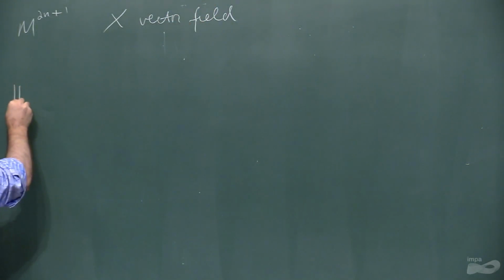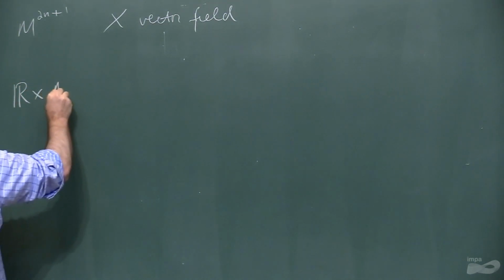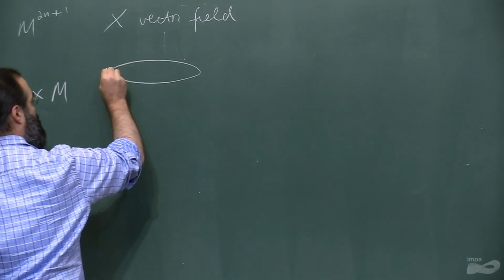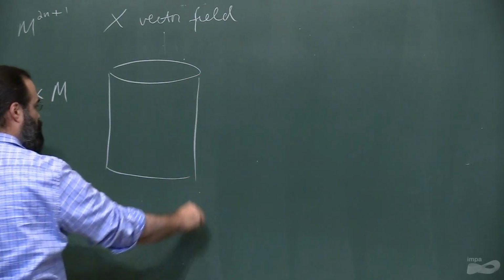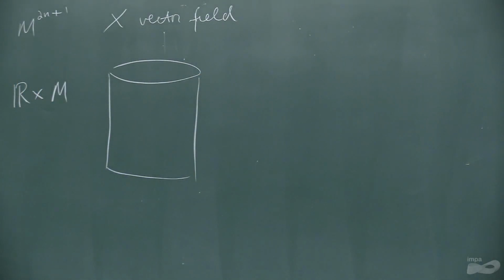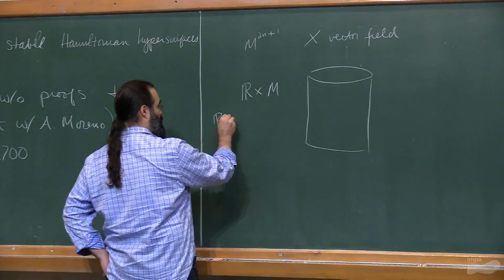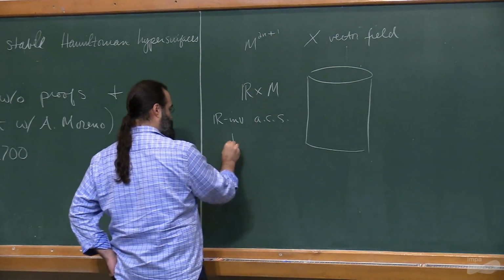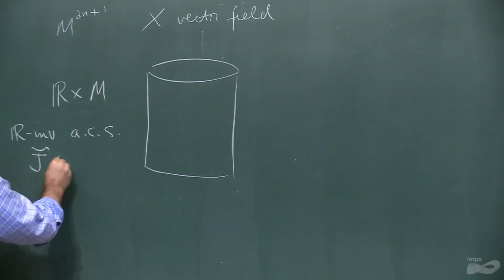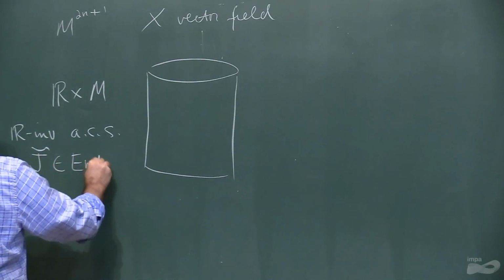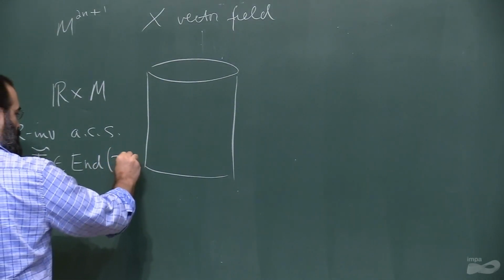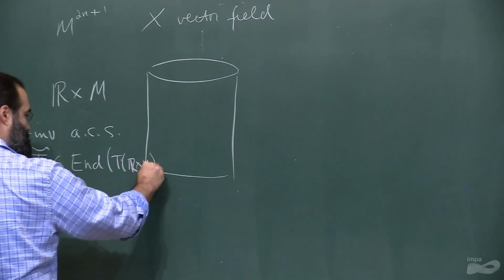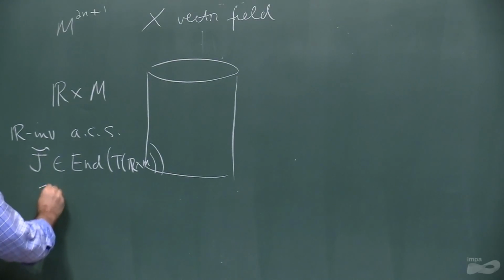And we'll look at the cylindrical manifold R cross M. So this is now even dimensional. And this will be equipped with an R-invariant almost complex structure J. So that is a section of the endomorphism bundle of the tangent space, which squares to negative the identity.